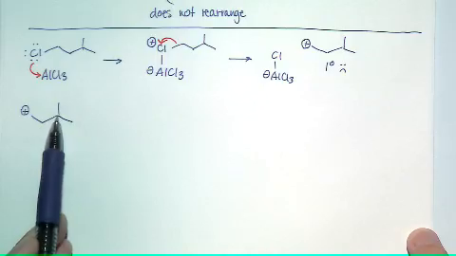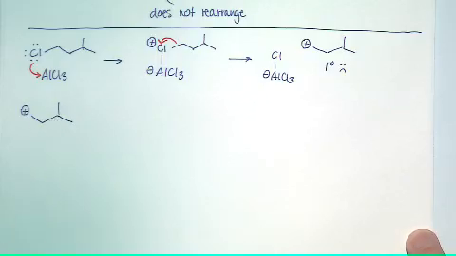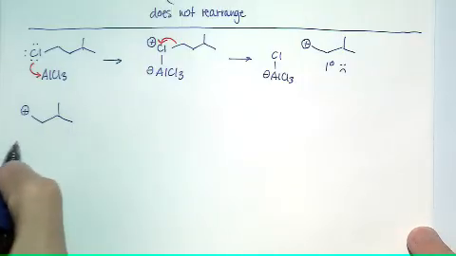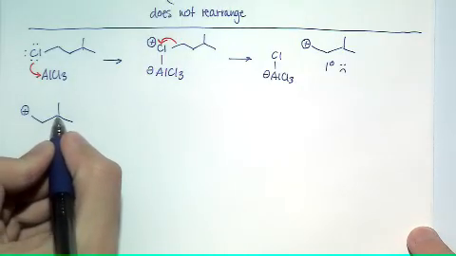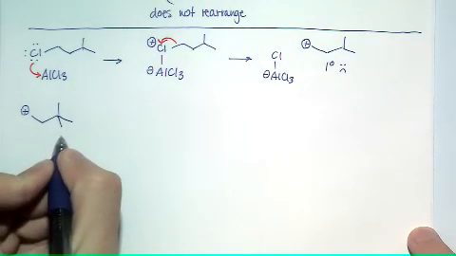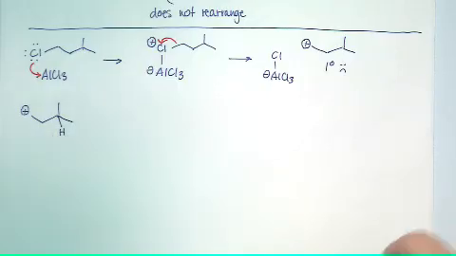Or we could put it here, and that would give us a tertiary carbocation, which is the most stable. And that would be the ideal case. So let's see if we can actually do that. And to do that, we'll need to draw out the hydrogens, if any, on that carbon, the most substituted carbon in the molecule.